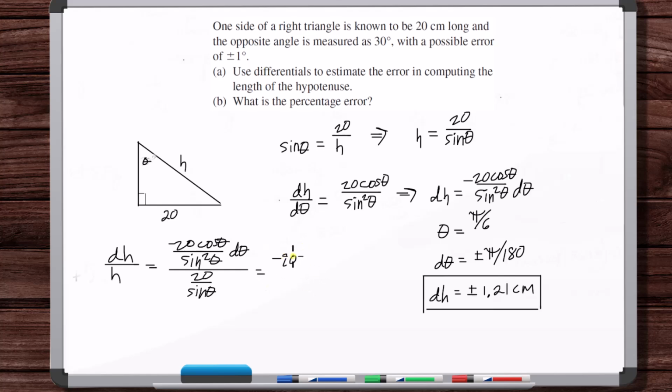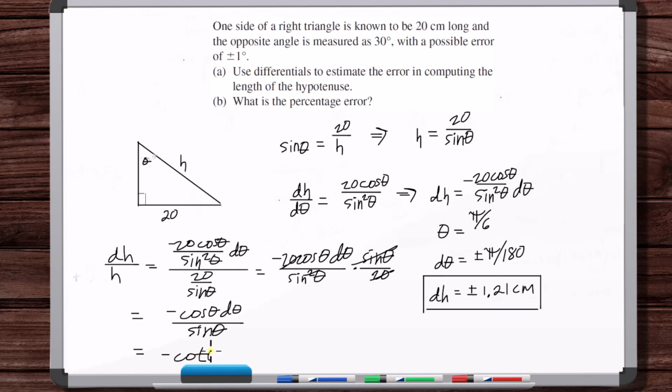So we cross those out. What we end up with is minus cosine theta d theta over sine theta. What is this? This is minus cotangent theta d theta.